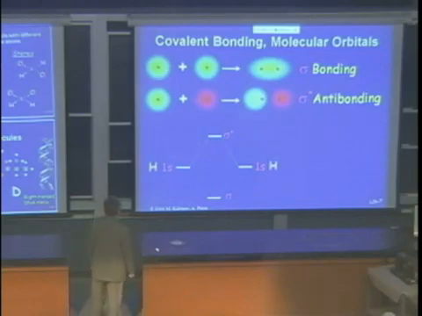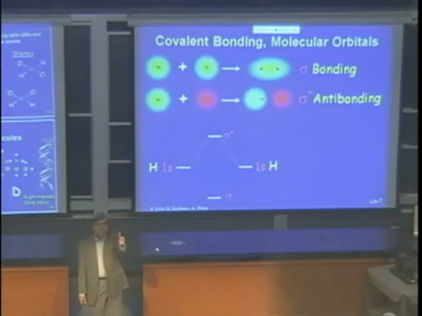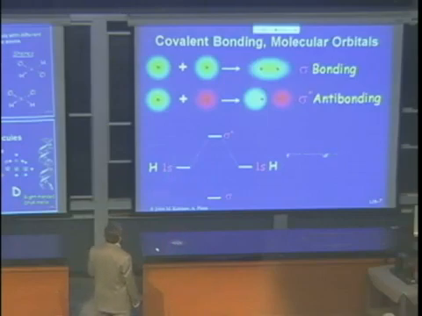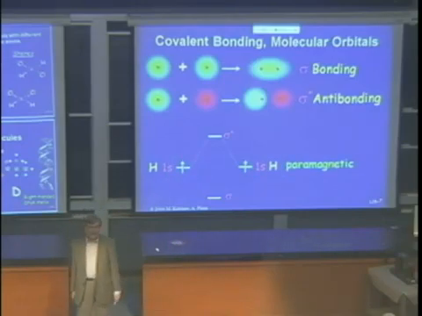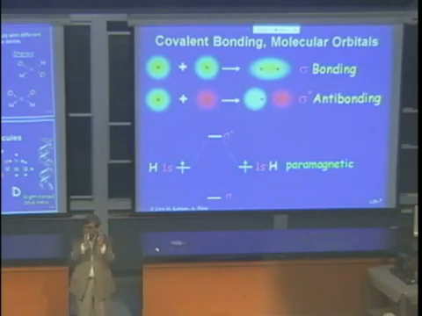So let's look at hydrogen. Hydrogen has one valence electron, a 1s1 configuration. There's one here and one here. Hydrogen by itself, as an atom, would be paramagnetic.